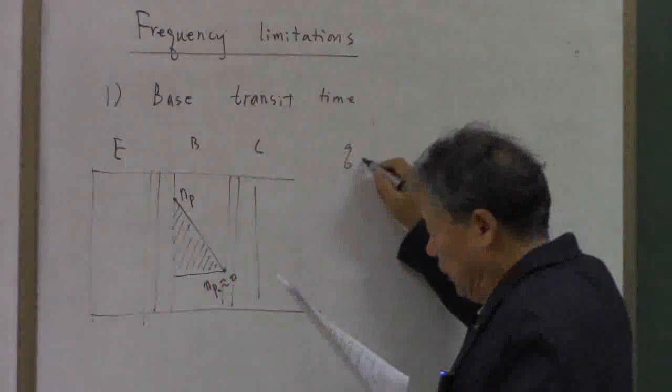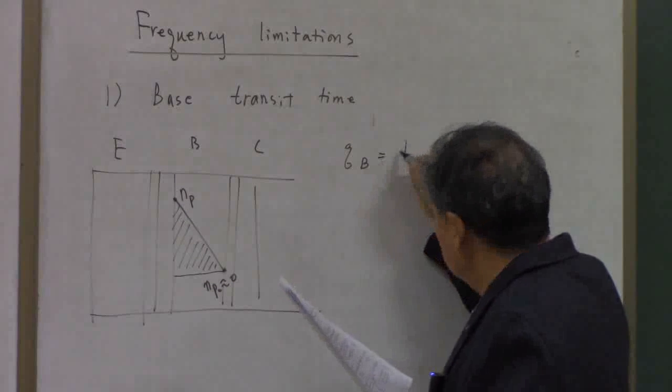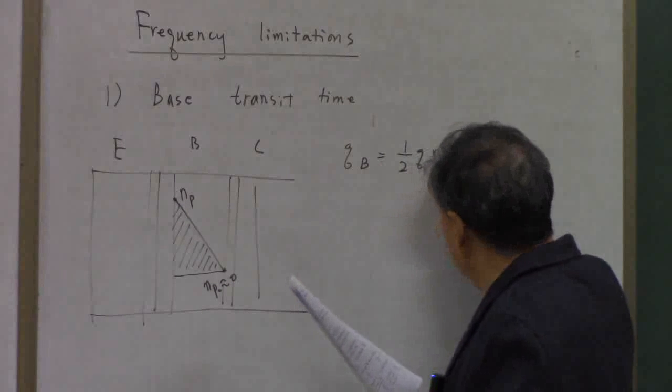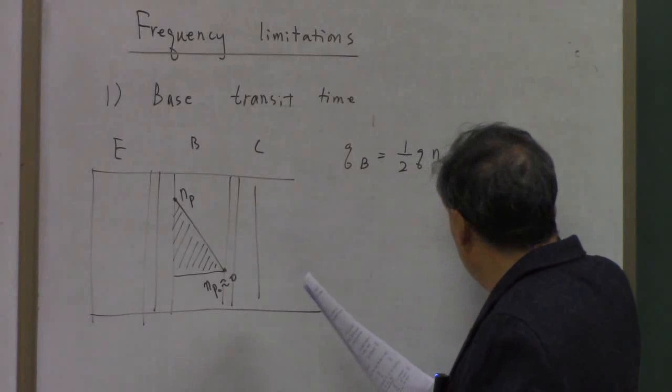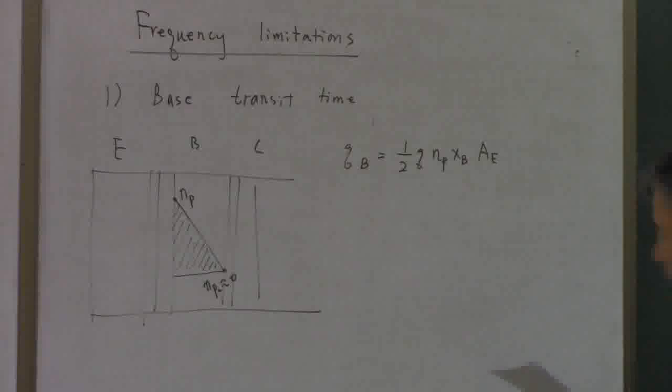QB is nothing but q n(p) X_B A_E, the emitter area.